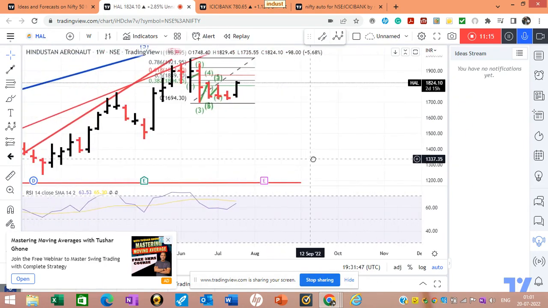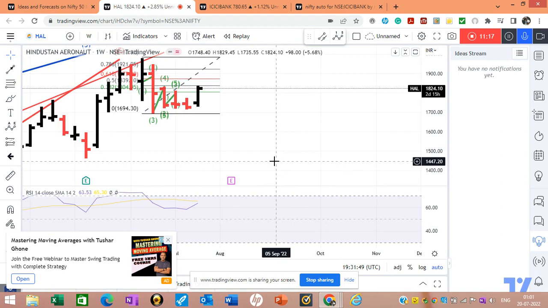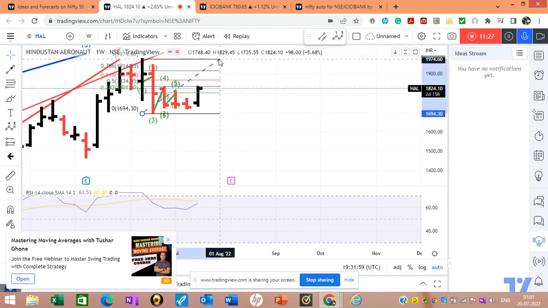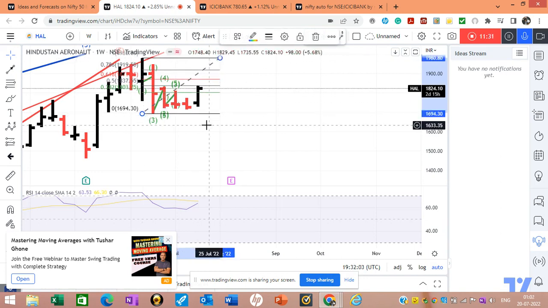Now, yesterday and today, both these moves up. There is no positive momentum on this. I mean, it's looking like that. But I'm waiting for the third wave. I have not entered the trade. Wait in HAL. I will only enter the trade once 1693 or 1700 is breached.